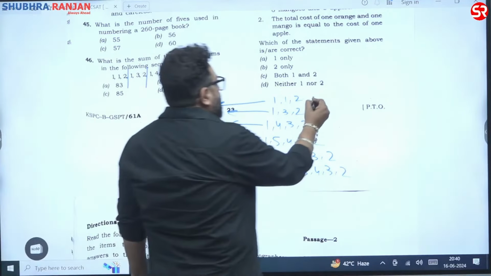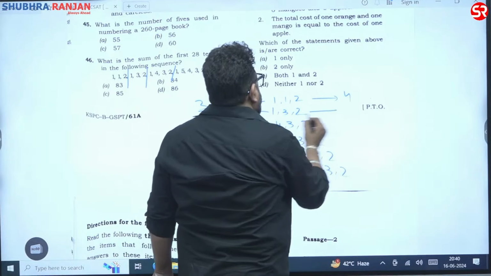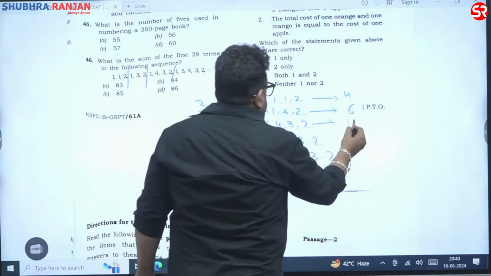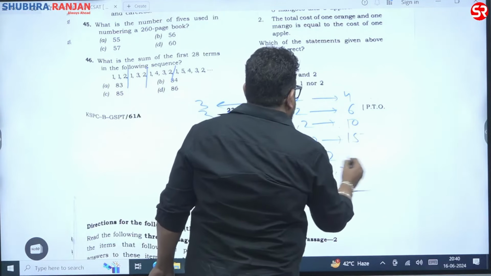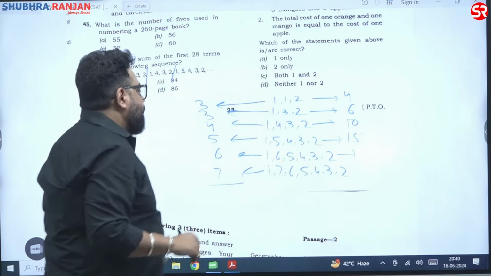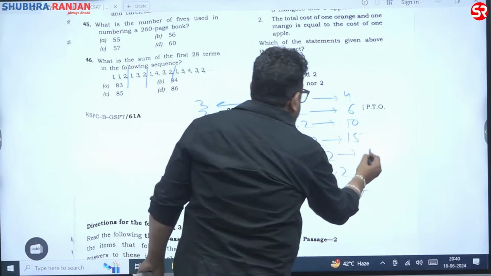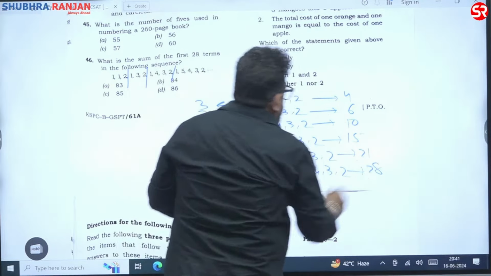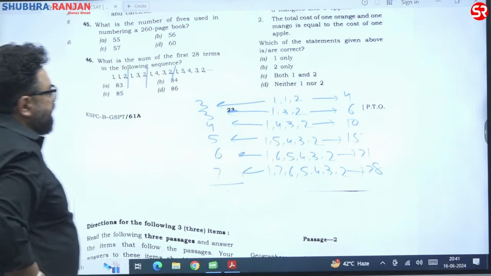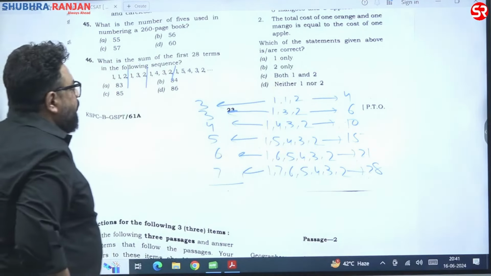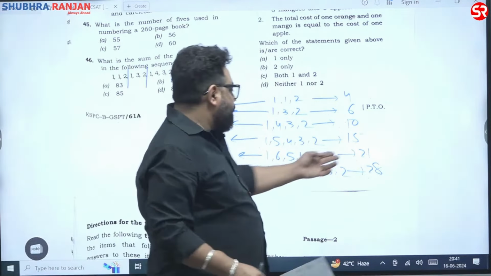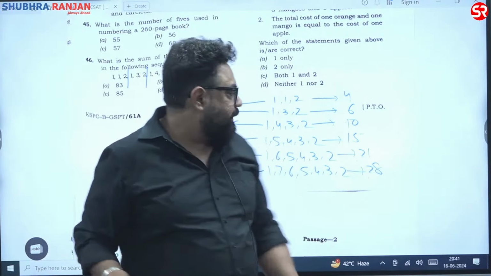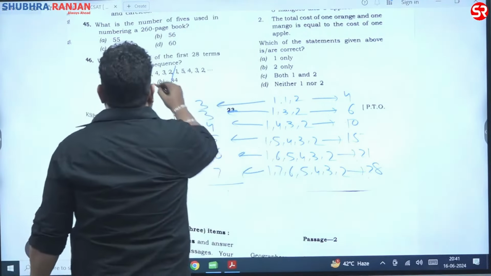Sum देखें इसका, sum is 4. Over here sum is 6. With this sum comes out to be 10. Sum comes out to be 15. And then sum comes out to be 21. And this comes out to be 28. Yes. So add करो, 4 plus 6 is 10, 10 plus 10 is 20, 20 plus 15 is 35, 35 plus 21 is 56, 56 plus 28 is 84. 84 आ गया यार. 84 is your answer.